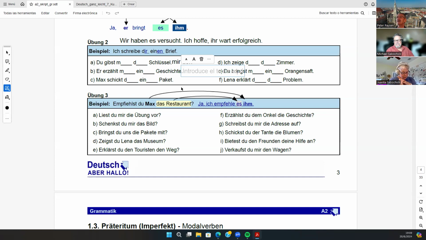Er sollte mir eine Geschichte. Okay, er erzählt mir eine Geschichte.